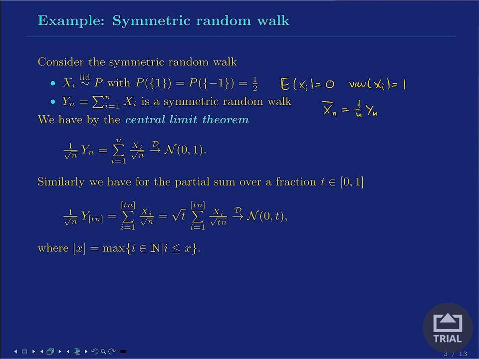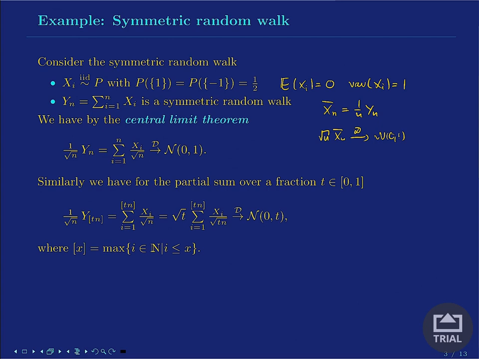And we know from the central limit theorem that the sample mean standardized... So in that case, we already have mean 0, and since we have variance 1 for the individual xi's, the sample mean has variance 1 over n. So that means if we multiply by square root n, we have, by the central limit theorem, convergence to the standard normal distribution.